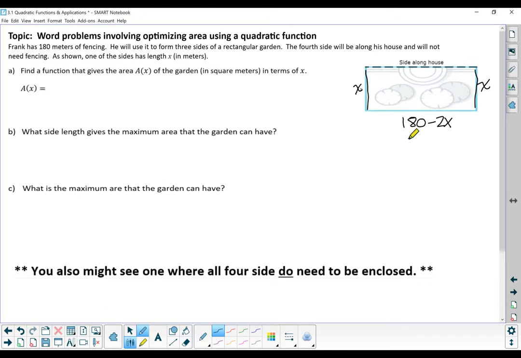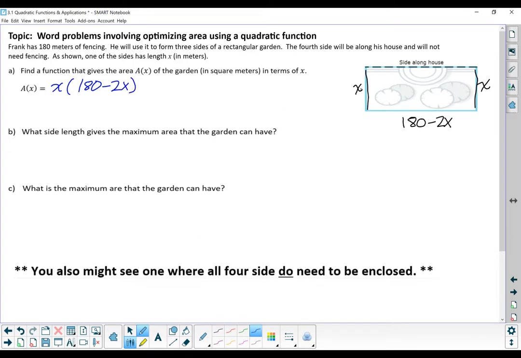So this is an expression for how much of the fencing is left. So we have our 3 sides labeled, and we are creating an area function. Well, area of a rectangle is length times width. So our area is x times 180 minus 2x.